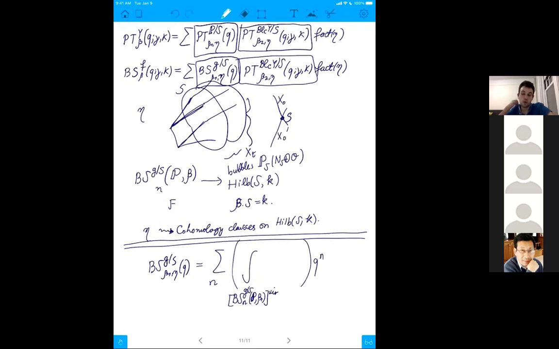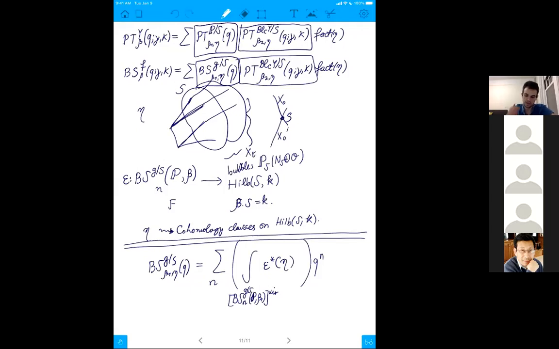And here we don't have insertions anymore, but these virtual fundamental classes are not necessarily zero. So this P is not Calabi-Yau, but we will integrate some cohomology classes from the Hilbert scheme via this map epsilon.